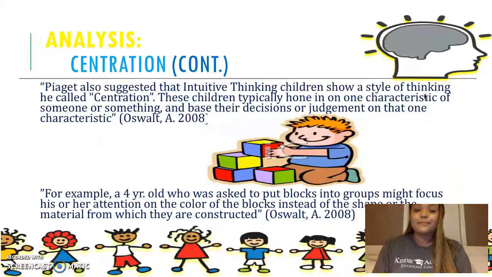Okay, to continue, it's quoted that a 4-year-old who is asked to put blocks into groups might focus his or her attention on the color of the blocks instead of the shape or the material from which they are constructed. I thought that was a great example to put because that's very common. You'll find that very frequently in the class.